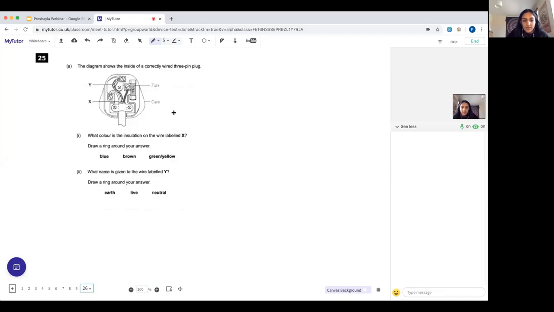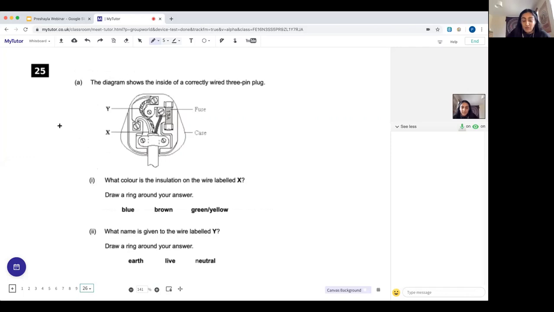Okay, so again, this is a correctly wired 3-pin plug. What colour is the insulation around X? And what name is given to the wire labelled Y?